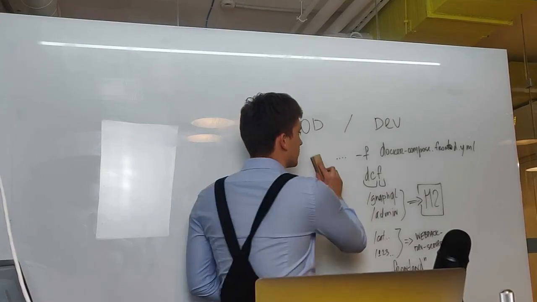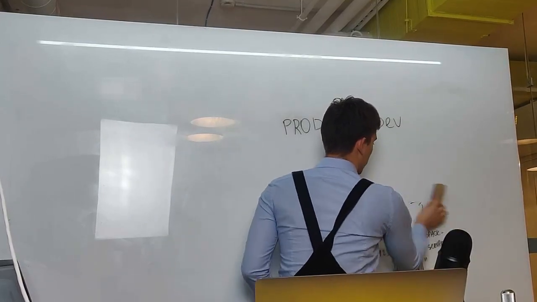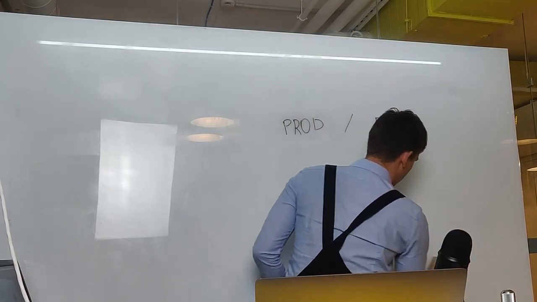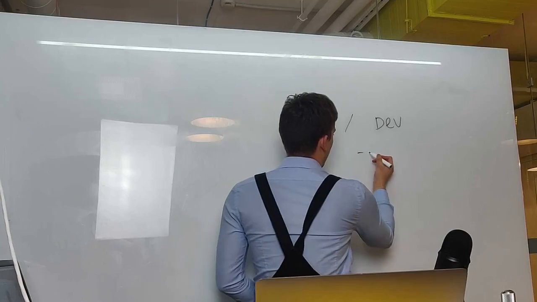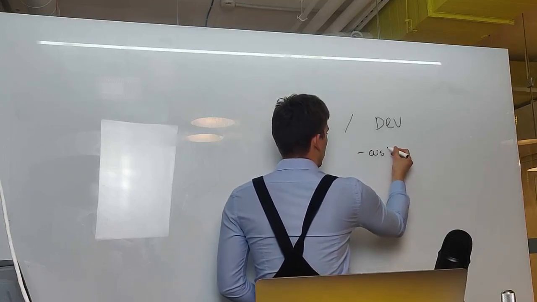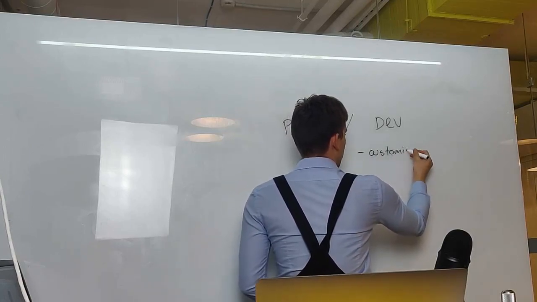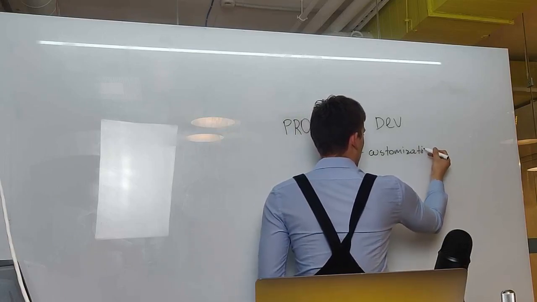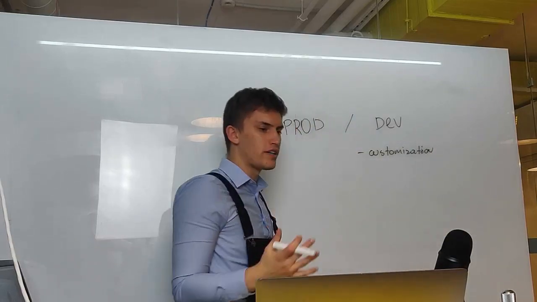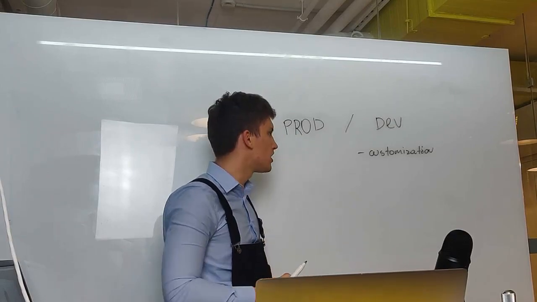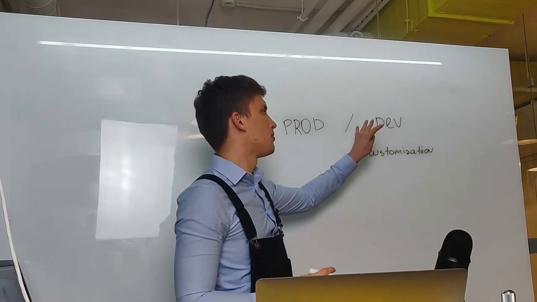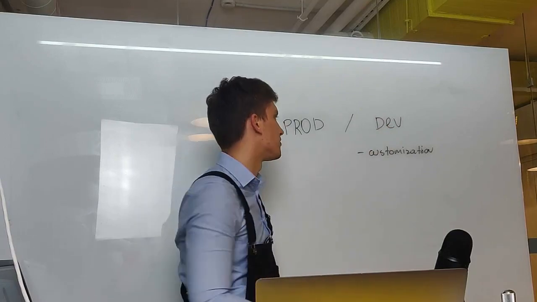So what does it mean? This means that for this setup, we have multiple, I would say, little issues. The first one is that customization won't work. You might know that ScandiPWA supports color and content customization. Well, in development mode, it won't function.